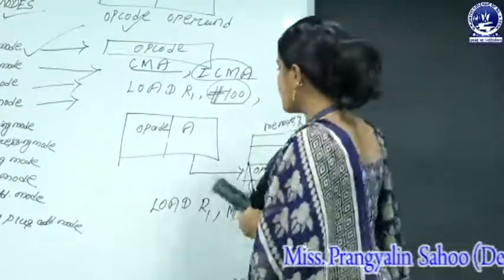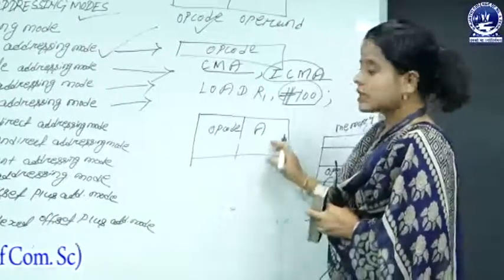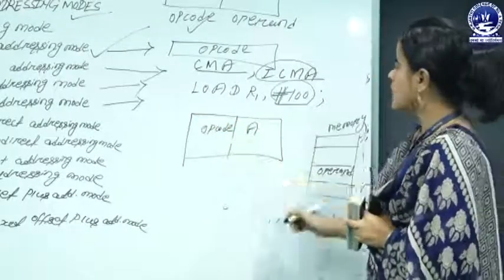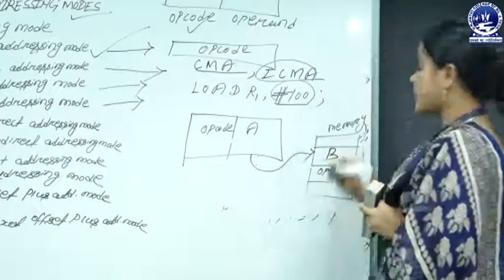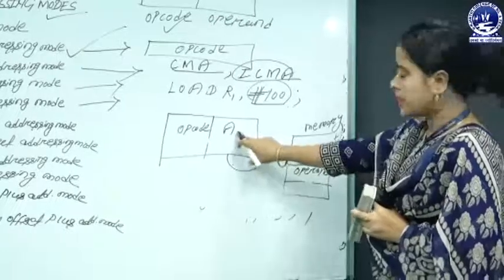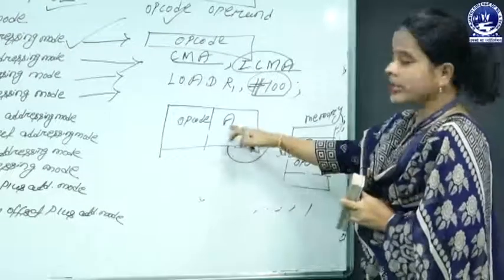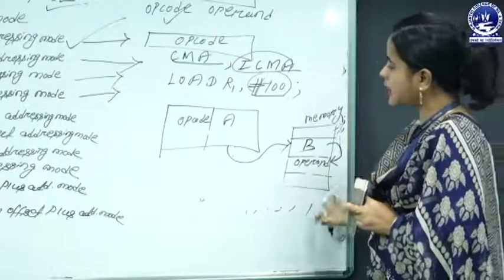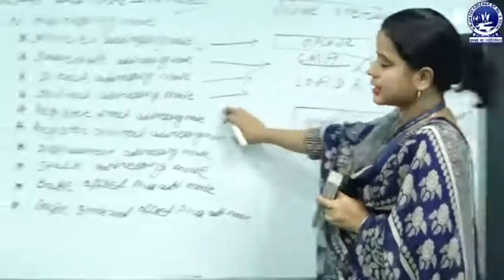For example, suppose the instruction contains one operand, A. When it is mapped using indirect addressing mode, the address of A is held by another operand, B. That means the operand B stores the address of the given operand, and the B address specifies the data value of the given operand. That means through the help of the intermediate element B we access the data value of the given operand A. So in this case indirect addressing mode is used.